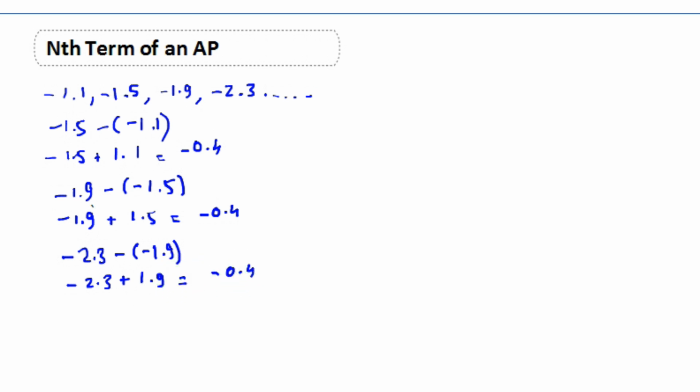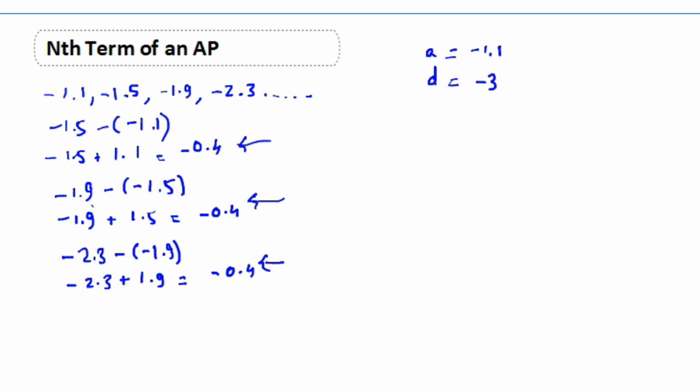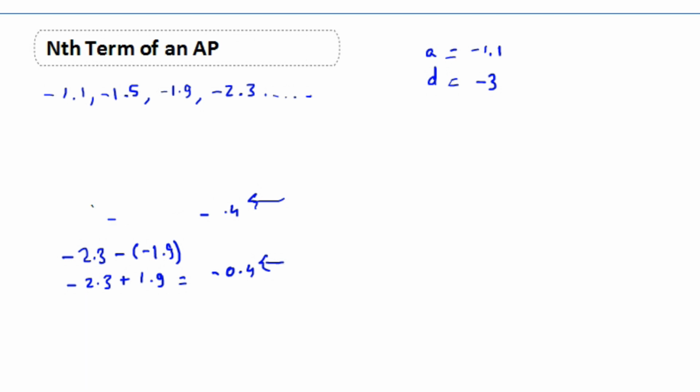And yes, since we have a common difference of negative 0.4 in each case, we can say that this is an arithmetic sequence or an arithmetic progression where the common difference is negative 0.4 and the first term that we have is negative 1.1. Once we have got that information, we can erase the rest of the things, as we need some space to move ahead.